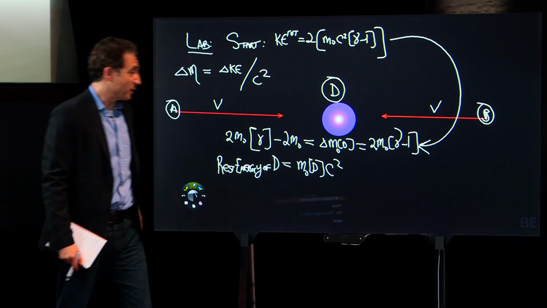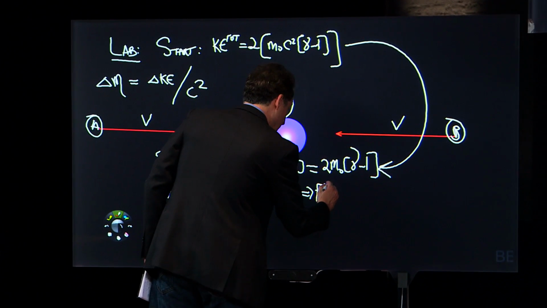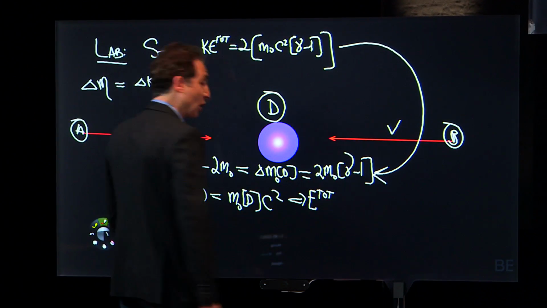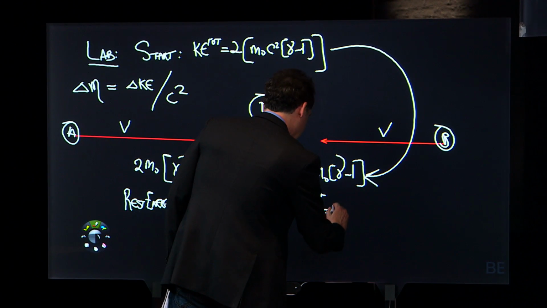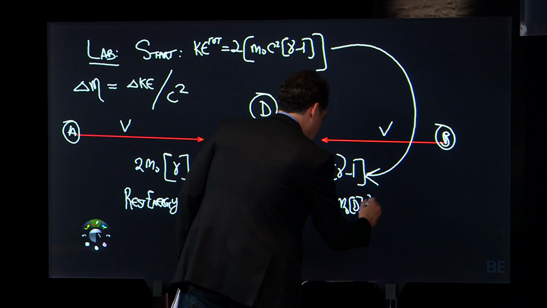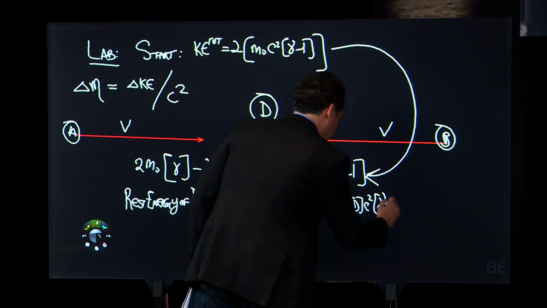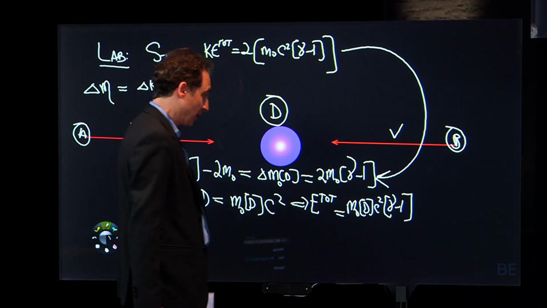Now, if the particle is moving, then it has its own kinetic energy. So let's get the total energy of this particle, which we would get by looking at the rest mass times c squared times (gamma minus 1), the formula that we derived earlier for the kinetic energy of a particle.